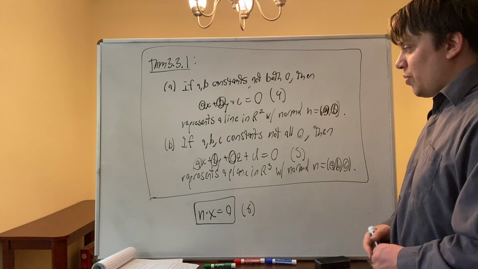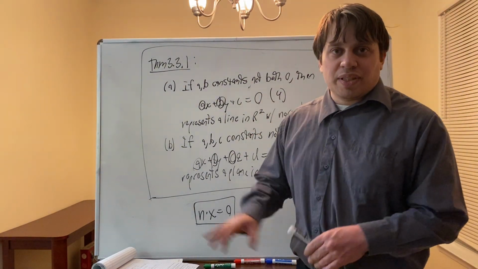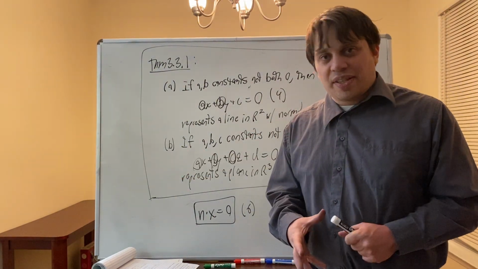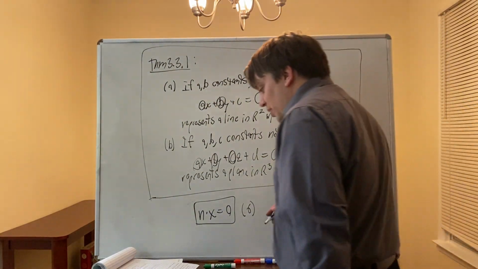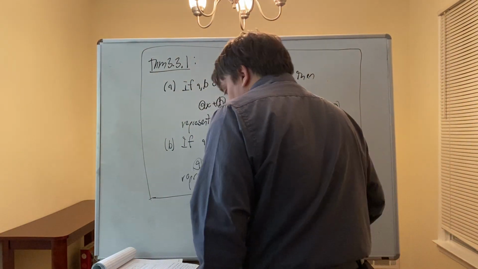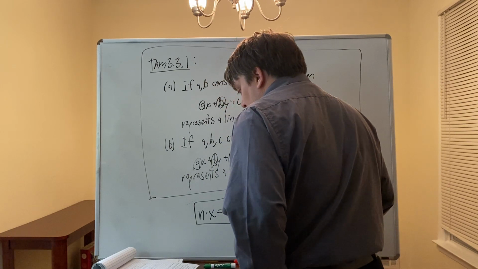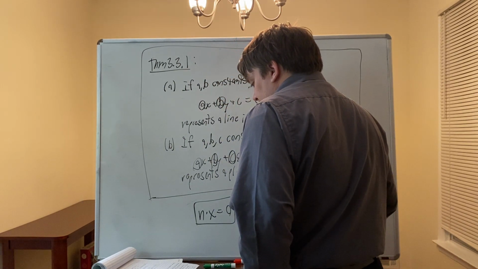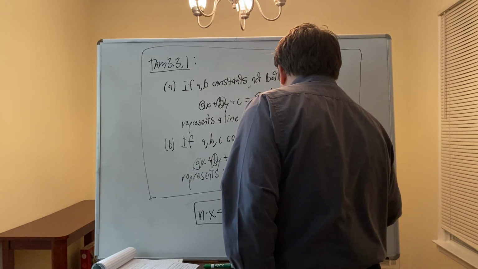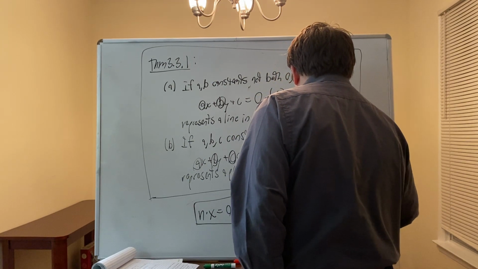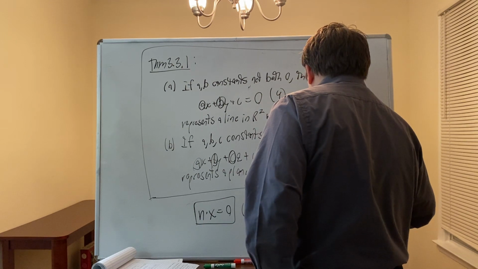And this is a really short way of writing all of that. And so we can now succinctly say the things we said, which is n dot x equals 0. And so here n is the vector of coefficients. That's your normal vector.